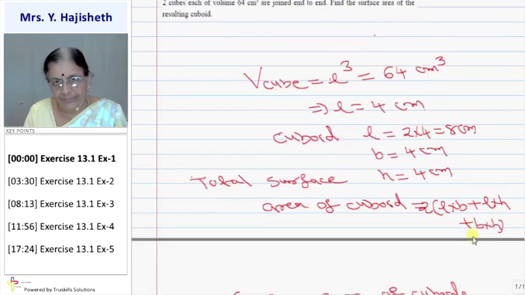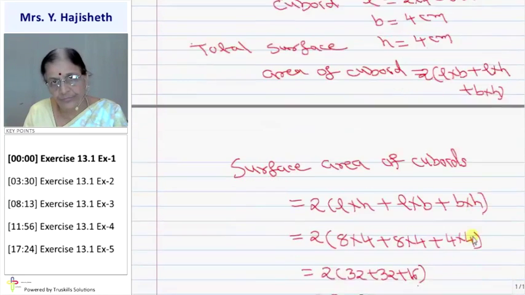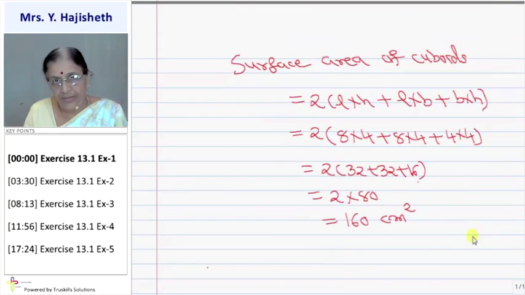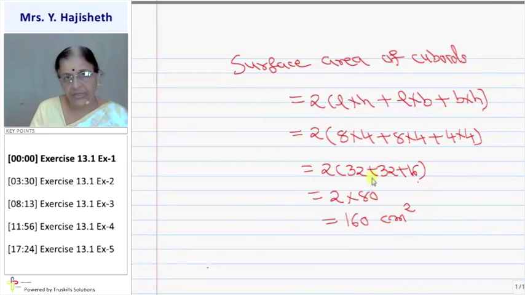Now put the formula. 2 times, L into B is 8 into 4, L into H is also 8 into 4 and B into H is 4 into 4.